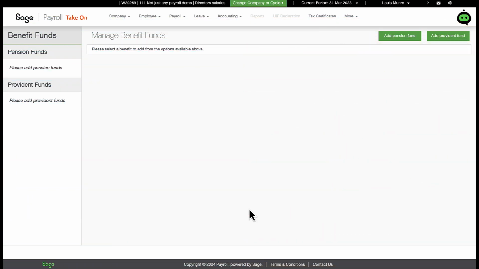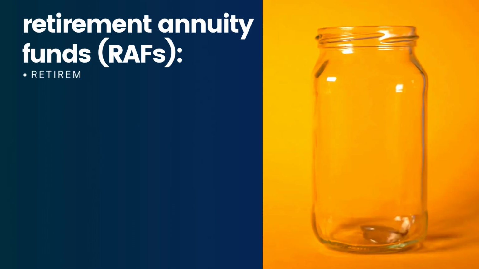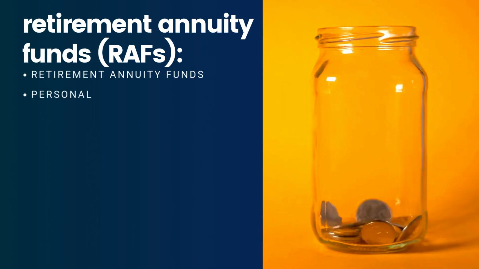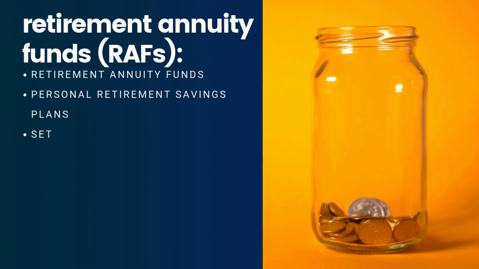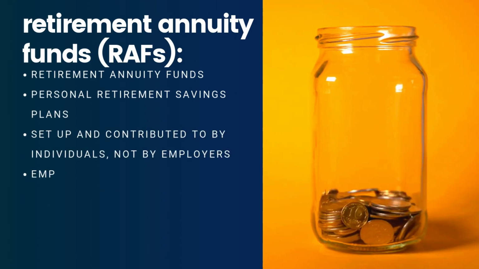You might have noticed that retirement annuity funds, or RAFs, aren't included in the list we've discussed. That's because RAFs are personal retirement saving plans. They're set up and contributed to by individuals, not by employers.